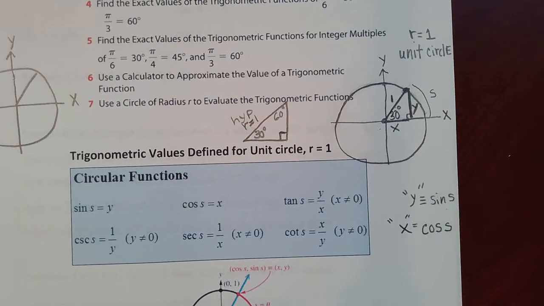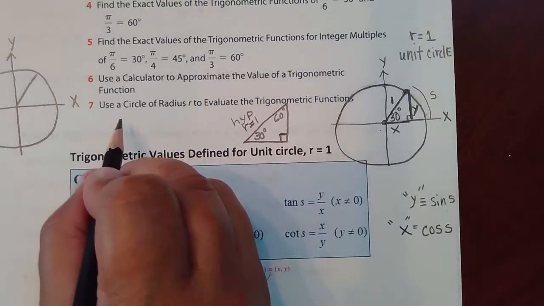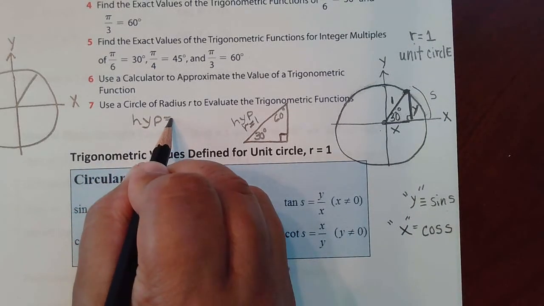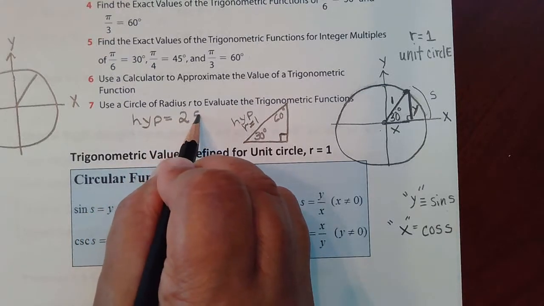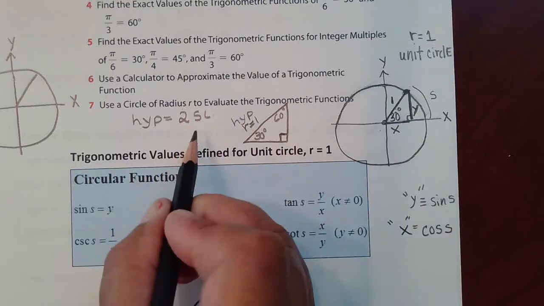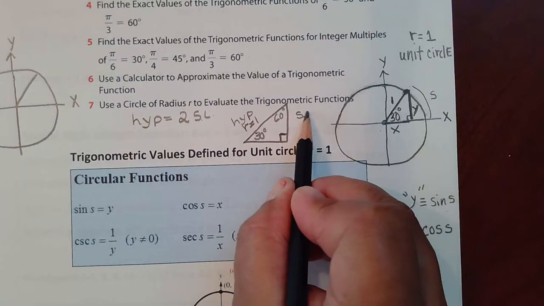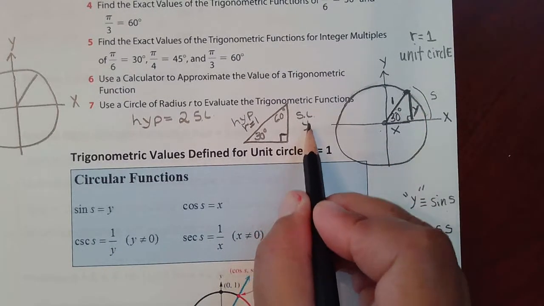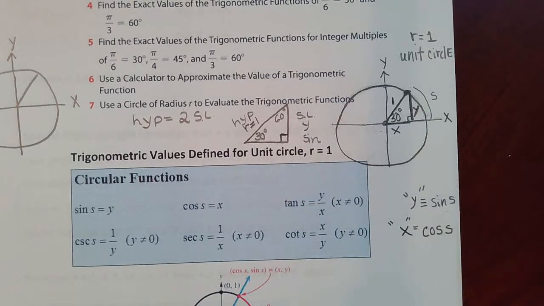Okay, now for a 30, 60, 90, there are two formulas. Here's one that goes like this: the hypotenuse is 2 times the short leg. You have to double this short leg. This is called the short leg, also known as your y-coordinate, also known as your sine value. You have to start relating all these things.